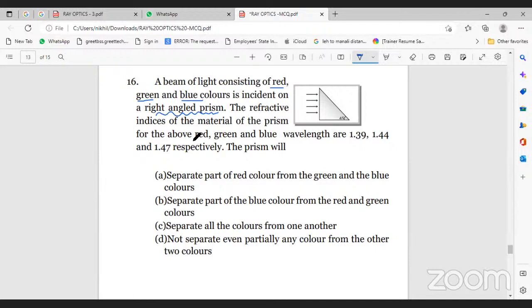The refractive index of red is 1.39, of green is 1.44, and of blue is 1.47. Now they're asking you to find which colors the prism will separate.